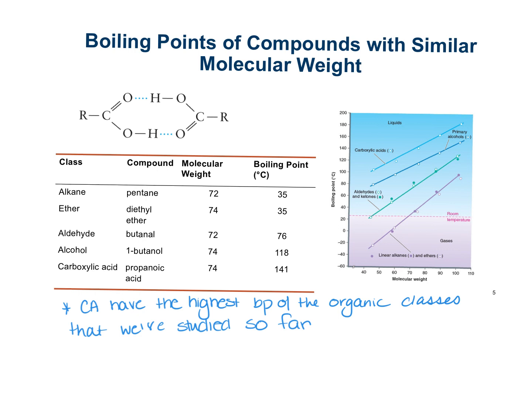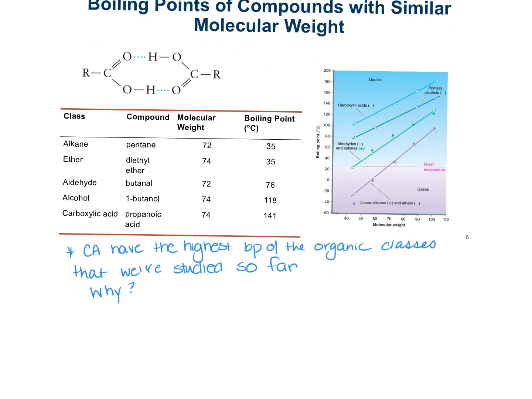So when we look at this, a lot of times we want to ask why. Why do carboxylic acids have such higher boiling points than, say, alcohols, which are really similar, right? So alcohols contain the OH, they just don't contain the C double bond O. So what is special about this C double bond O that increases the boiling point?